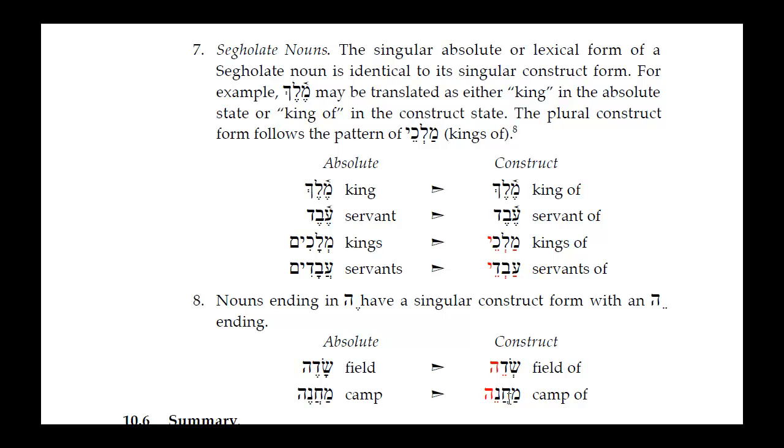So that concludes the study of the construct nouns in Hebrew. I would encourage you to go back and keep reviewing this chapter, because this chapter, as well as pronominal suffixes, as I said in previous lessons, are very important chapters to get under your belt.